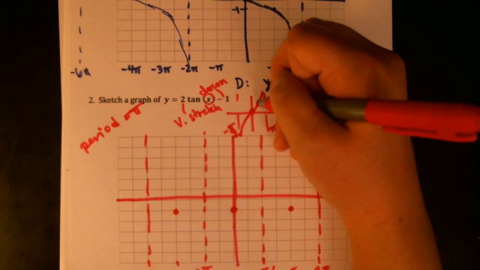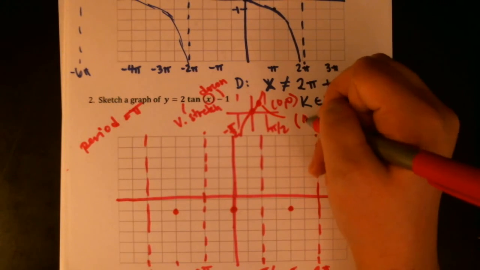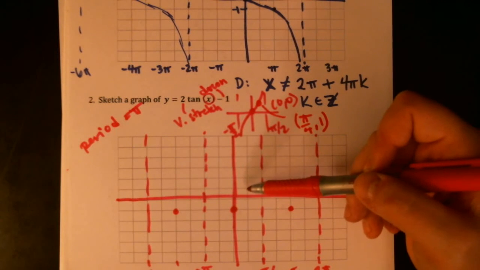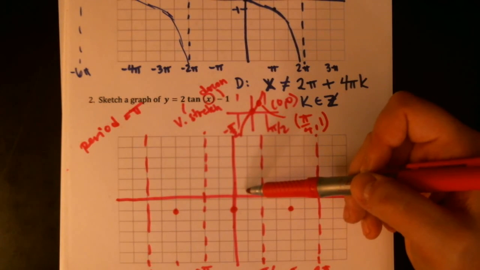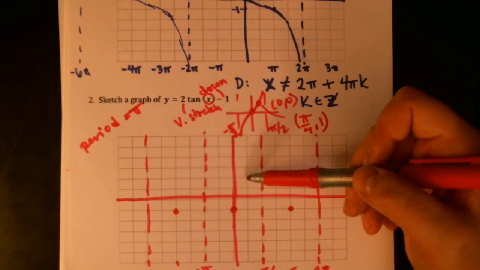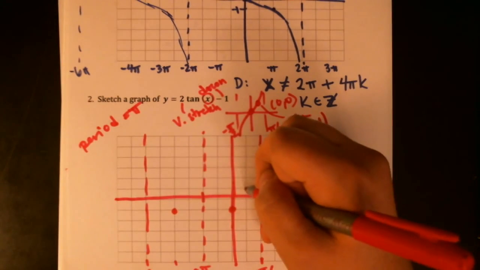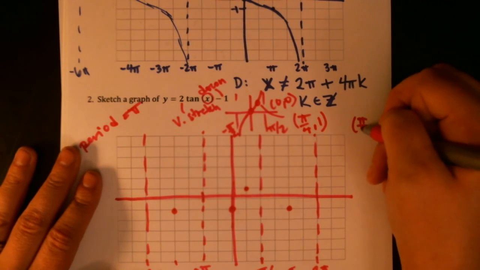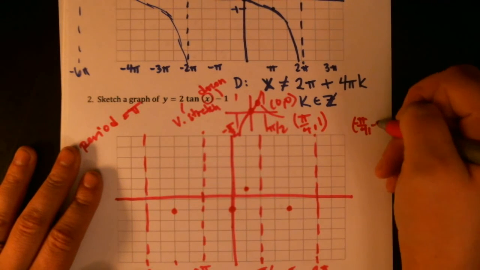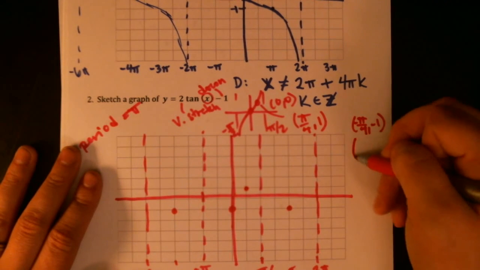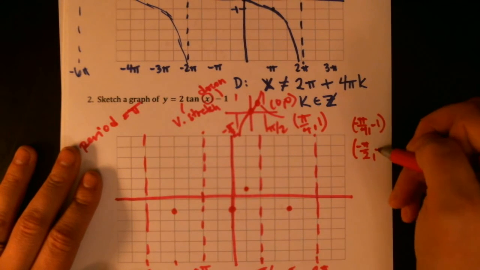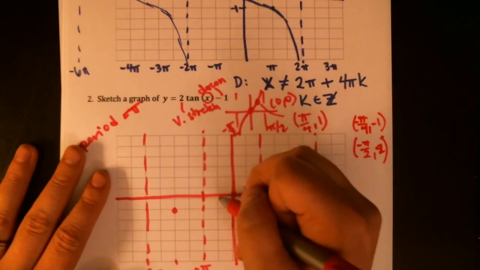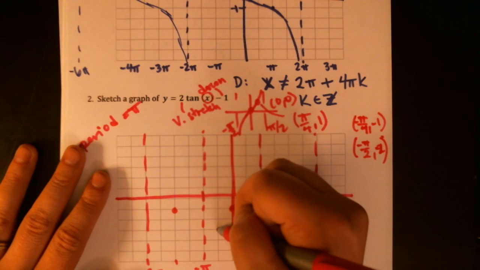Again, if you're feeling a little bit weird about the details, you can always snag a pi over 4, 1 and say, all right, if I stretch, that moves to pi over 4, 2. And then if I shift down 1, it lands right back where it started. And if you want to do that with negative pi over 4, negative 1, the stretch will land it at negative pi over 4, negative 2, and then shifting down 1 will make it negative pi over 4, negative 3.